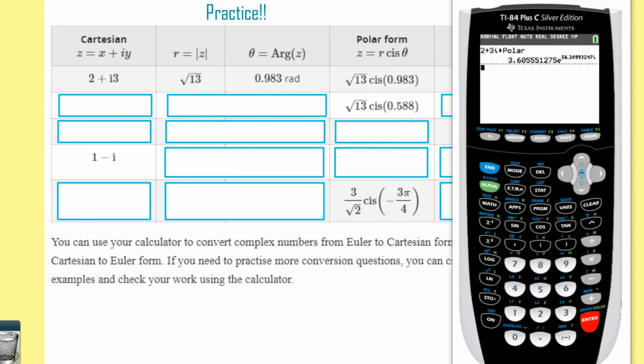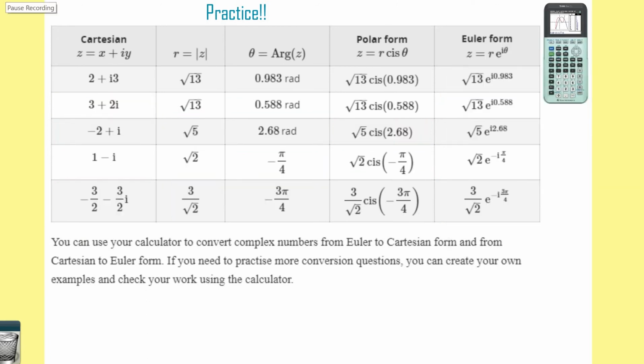It's not the best way, but you can always check it by doing the square root of 13, which we see is 3.6055, right? So we know we did that correctly. And then we can convert our degrees to radians.